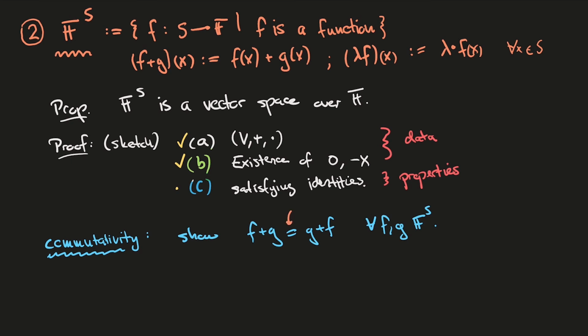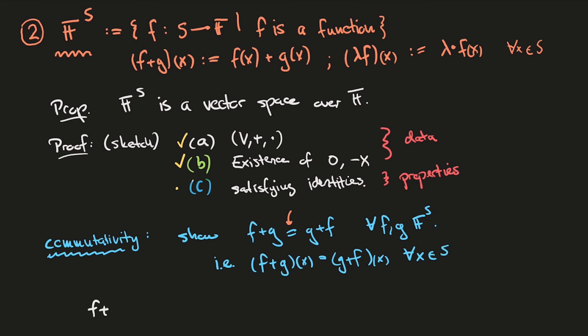Here we are again confronted with an equality of functions, and we remember that two functions are considered equal if they have the same domain and if they map each element of the domain to the same element in their codomain. So in our case, this translates to the condition that (f plus g) of x needs to be equal to (g plus f) of x for all x in S.